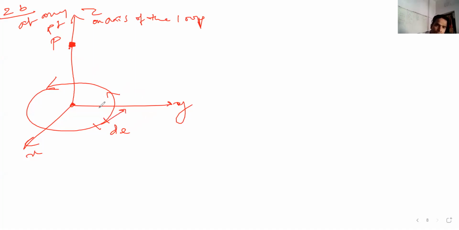And from here, I will connect this point to P. This will give me r bar or r cap, right?